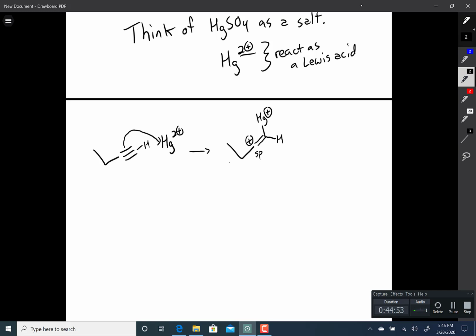But once you have that, water adds. Chances are water is going to add from away from that mercury side and adds to the carbocation. It's adding away from the mercury side because, well, mercury is bigger than hydrogen.